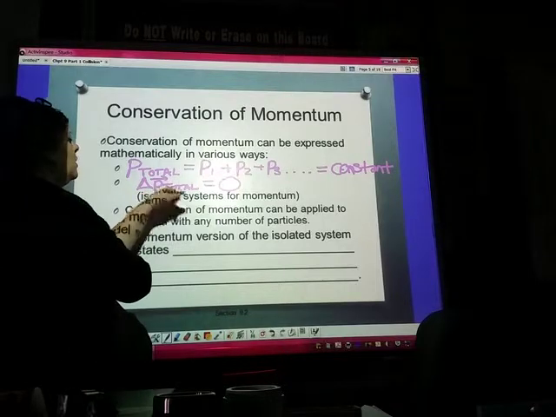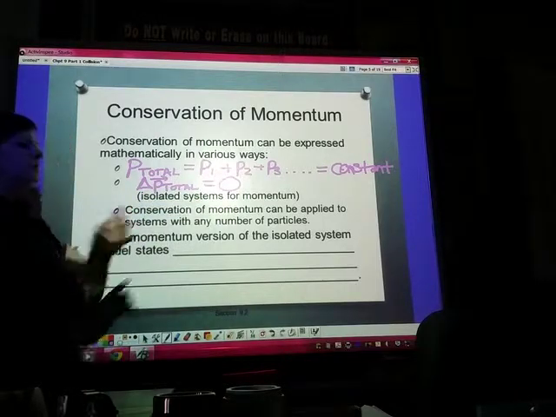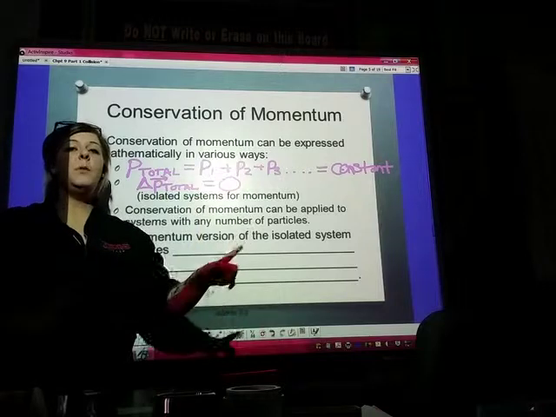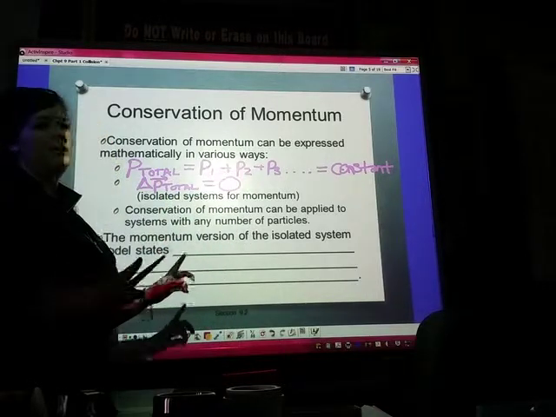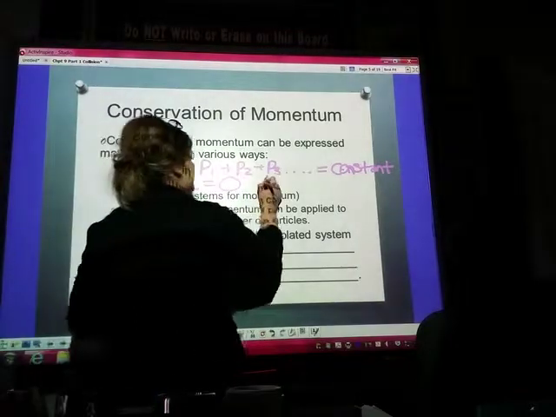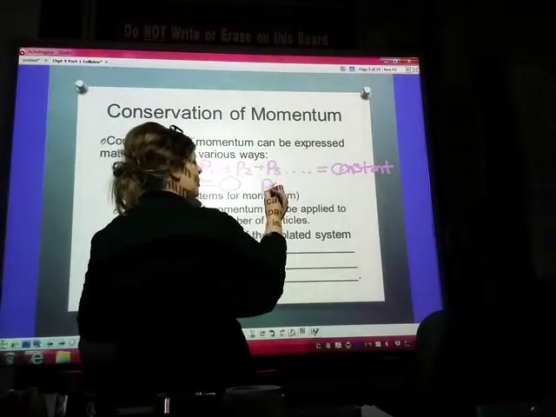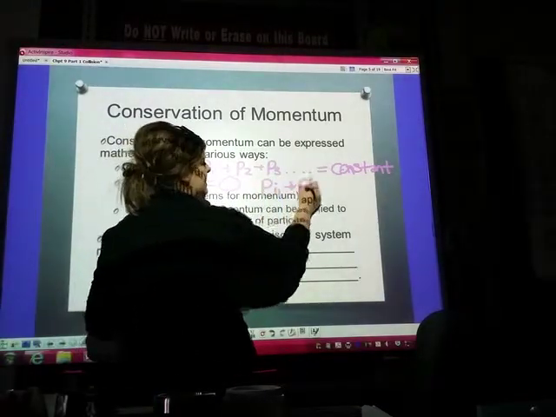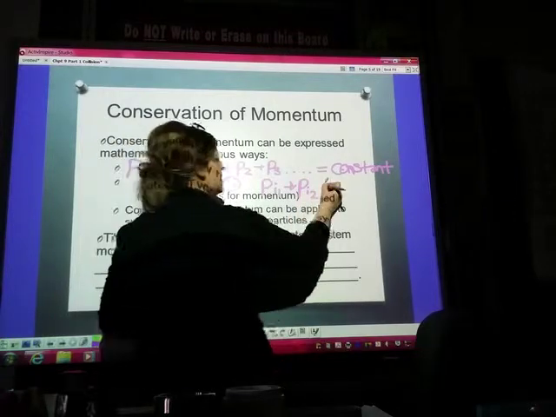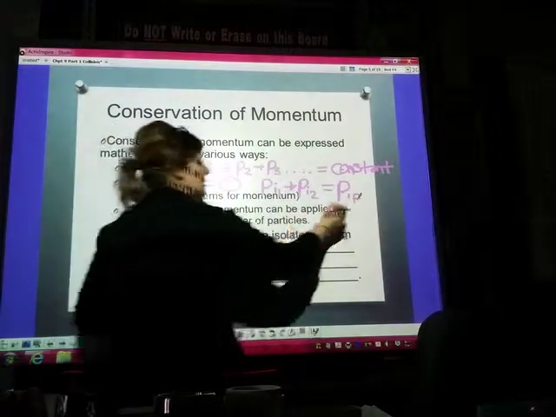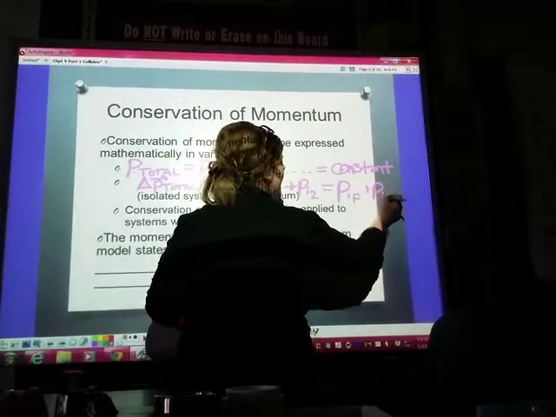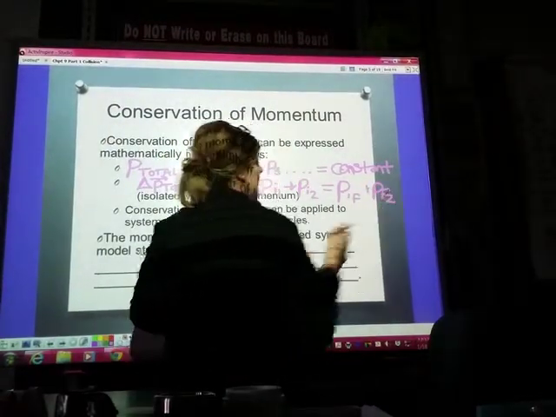So the change in total momentum is going to be equal to 0. That means that the initial momentum of both of the cars has to be equal to the final momentum of both of the cars. So if I say the initial momentum of one plus the initial momentum of the other, that has to equal the final momentum of the first car plus the final momentum of the second car.